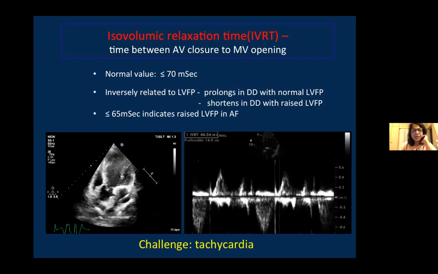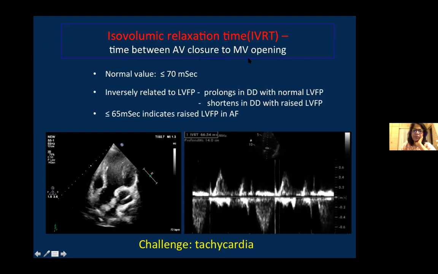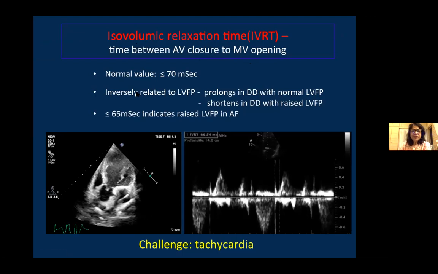So what is that? As you know from your knowledge of diastology, normal diastole, it is the time between the aortic valve closure and the mitral valve opening, where LV myocardium undergoes relaxation. So its normal value by echocardiography is less than 70 milliseconds.